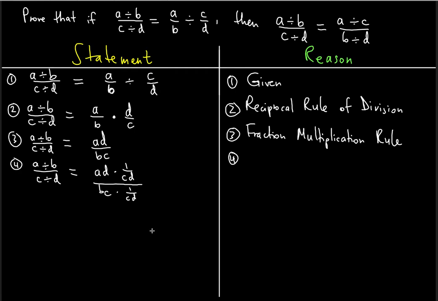And notice that can be explained as an identity property of multiplication. Because identity property implies that you have the same quantity being multiplied to the numerator and the denominator. Identity property of multiplication.